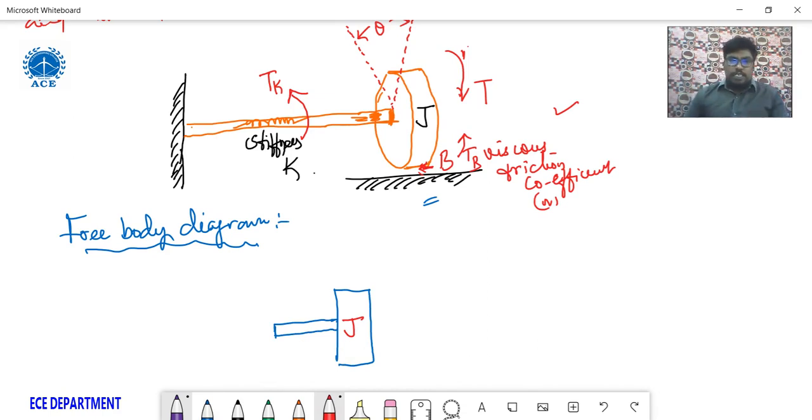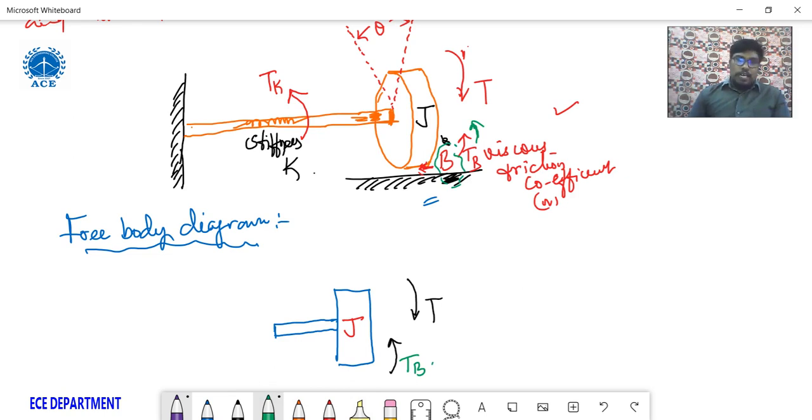This is the externally applied torque, and the torques opposing: here the dashpot will be there, it is opposing, so I am writing here TB.